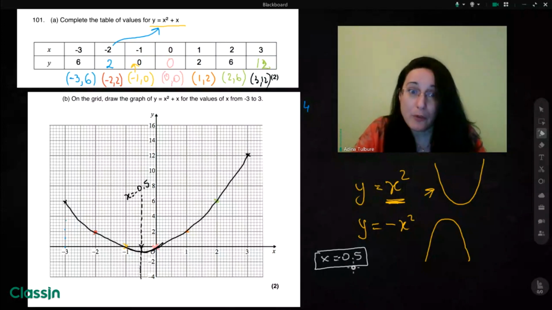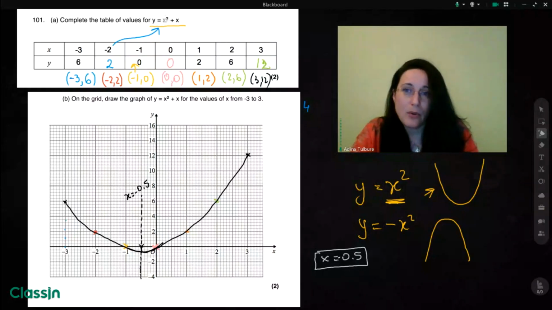So we will have to calculate the y just to be on the safe side. If you don't want to calculate it, then you just look at the graph here, and it will be somewhere in between 0 and -2, closer to 0 than closer to -2.